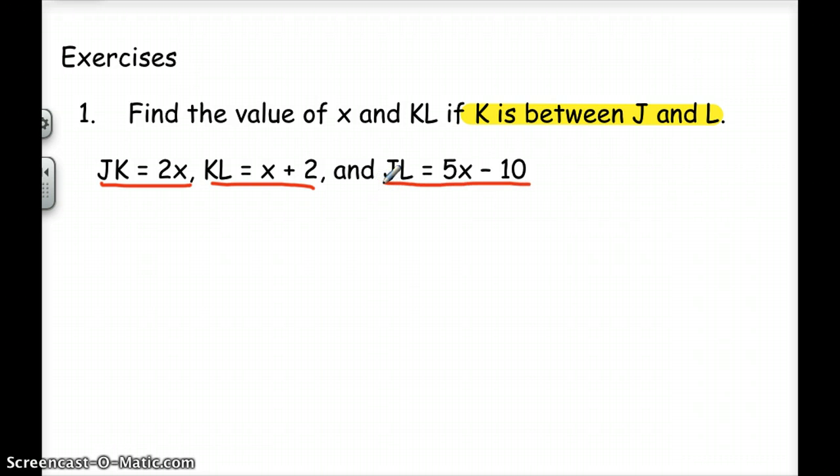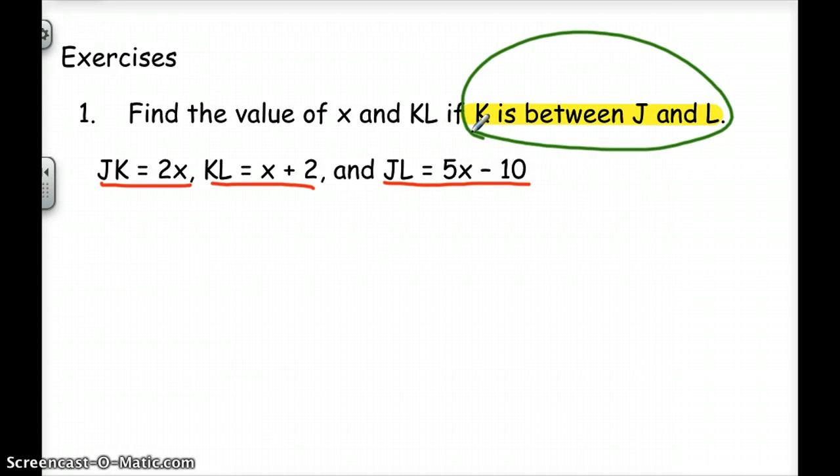Now, I strongly suggest that you take a minute and draw a picture. Draw it so that K is between J and L on a line segment. So my J and my L, and K is somewhere in between, and I don't know really where, but I'm just going to put it right there. And then let's put our expressions into the picture as well.